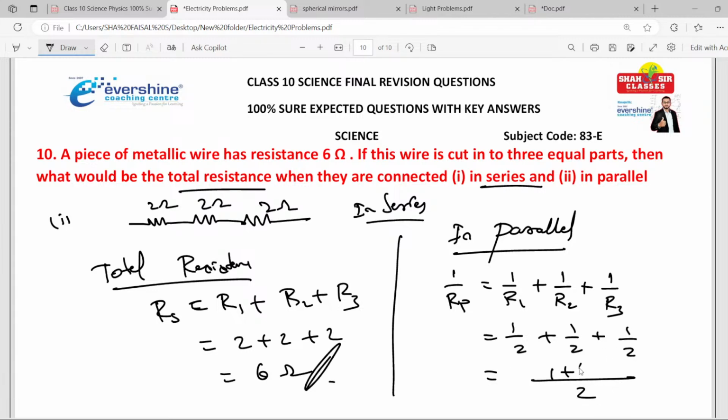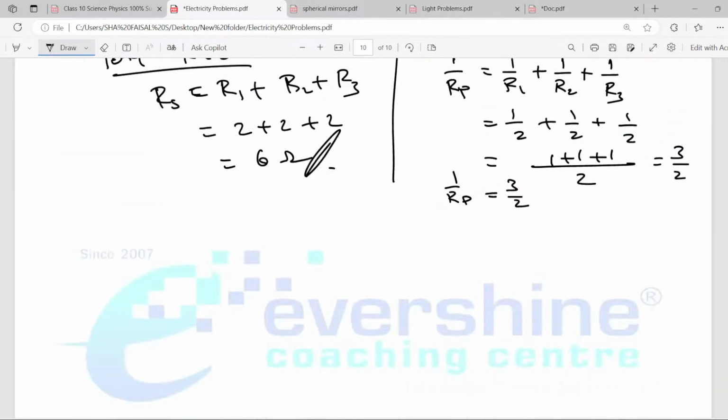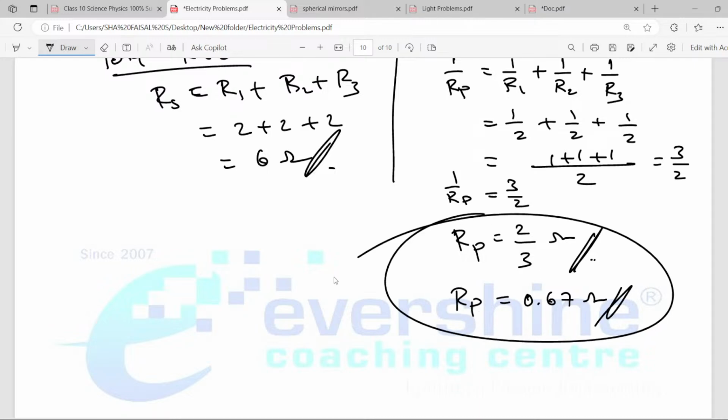If all the denominators are same, we can add the numerators, that is 3 by 2. 1 by Rp is 3 by 2. Take the reciprocal. Then Rp is equals to 2 by 3 ohm. If you want to convert to an exact answer, you can write it as 0.67 ohm. Both are same.